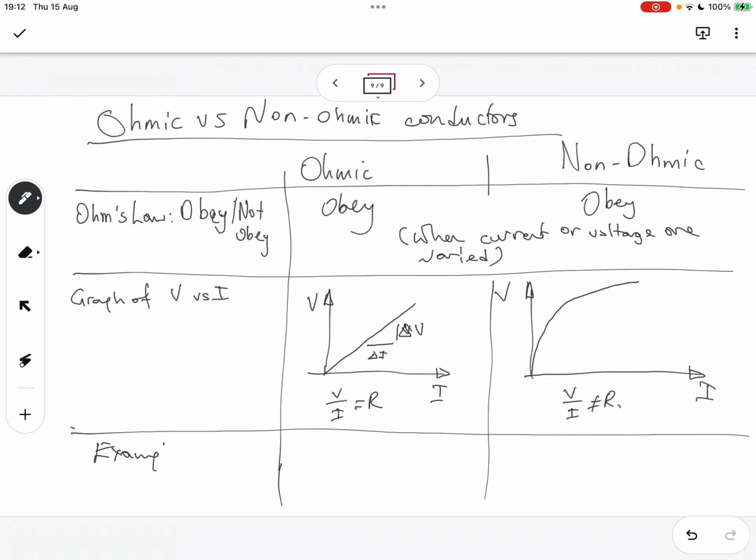And then examples that we can think of. In here, it's circuit resistors and nichrome wire. Let's see, what is nichrome wire?